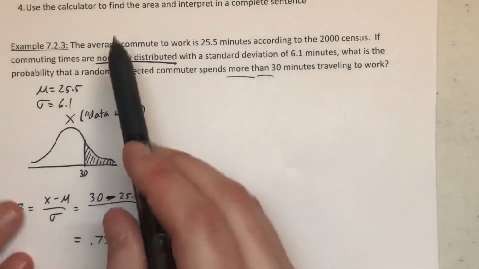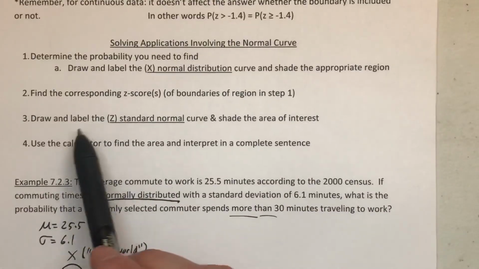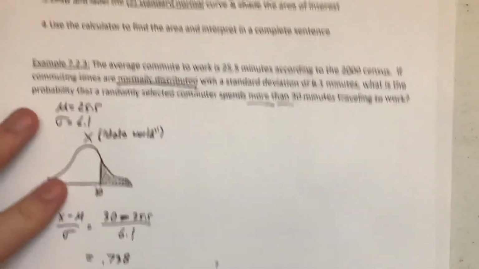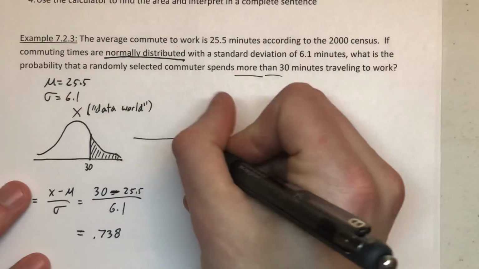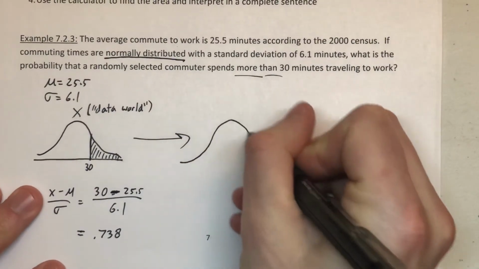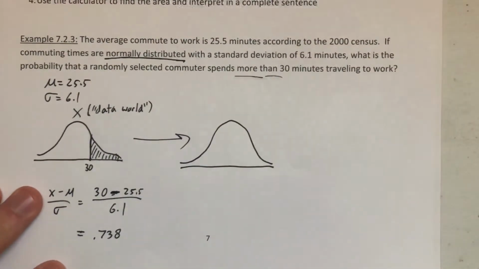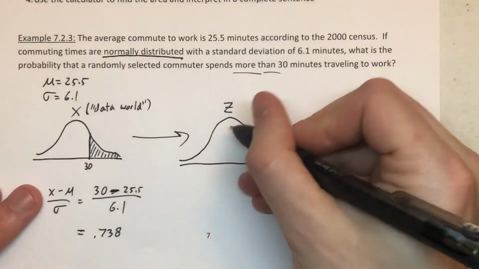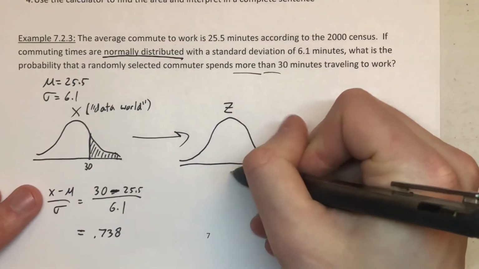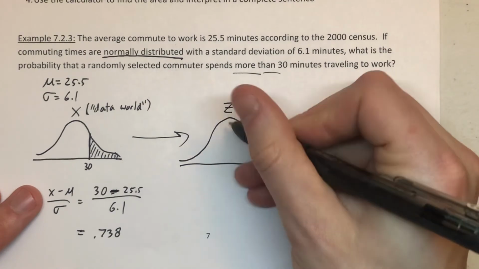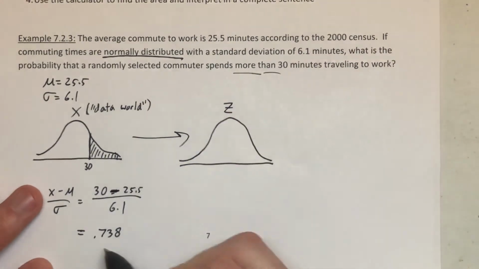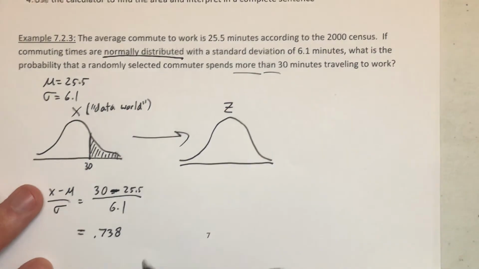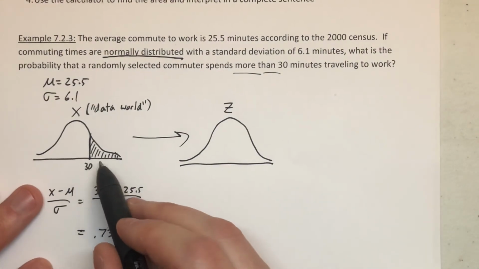Now, with step 3, we're going to redraw our picture, but now think of it as if we're in z-score world. In other words, we have now standardized the distribution. Once we're in z-score world, our center is 0. You can write it if you want, I'm not going to, but our center is at 0. This 0.738 represents the exact same picture we drew here.